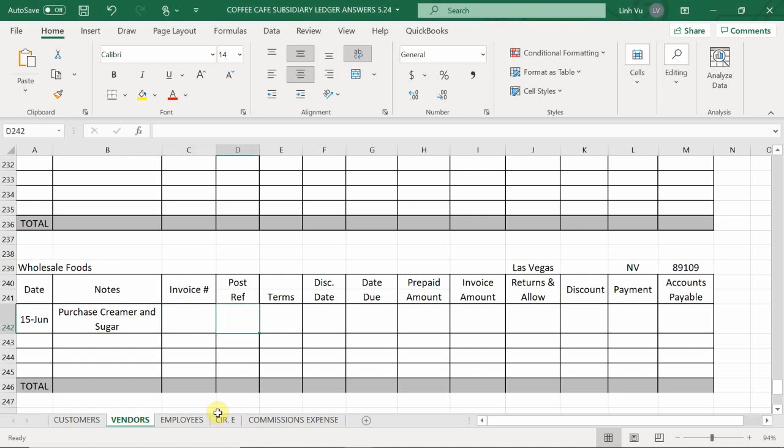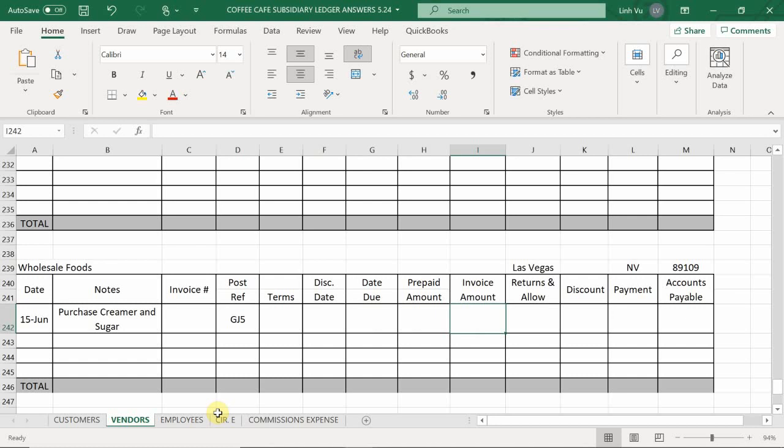Reference would be General Journal dash 5. No terms, no discount, no due date. That's not a prepaid amount, right? Nope.